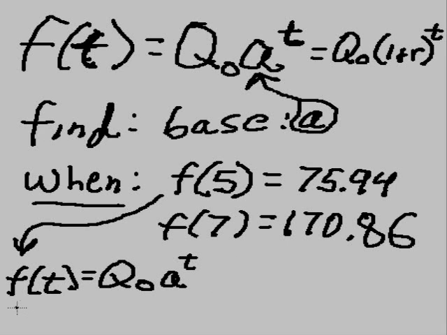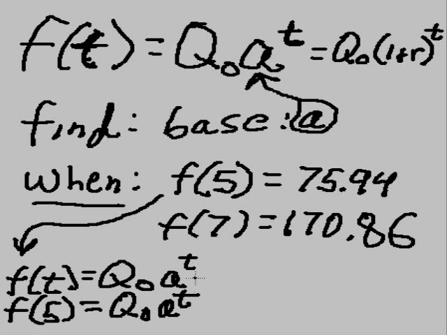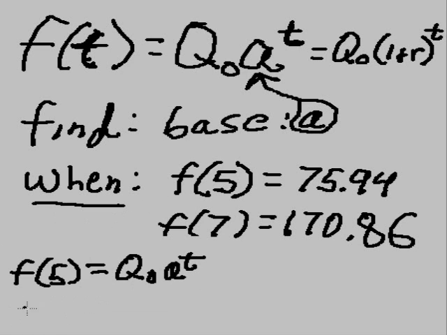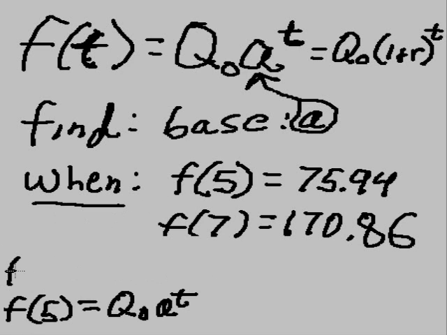So I could write f of 5 is also equal to q sub 0 times a to the t power. It follows also that f of 7 is also equal to q sub 0 times a to the t power, correct?